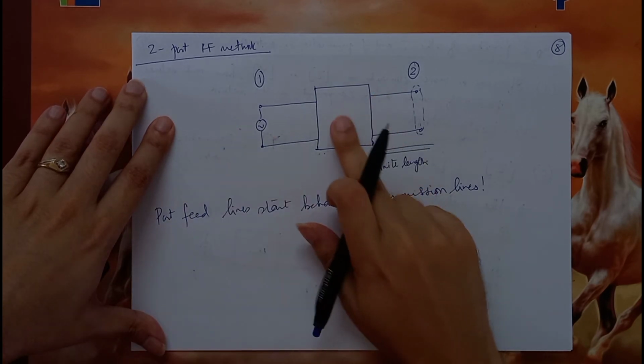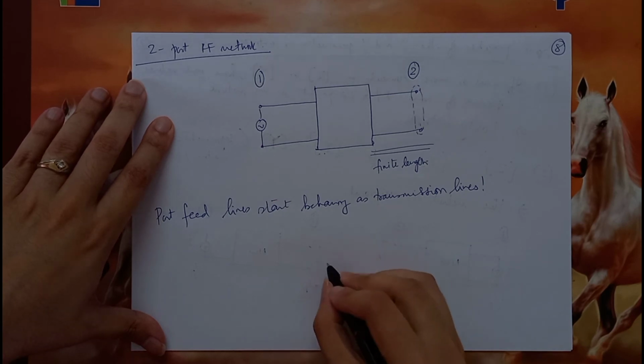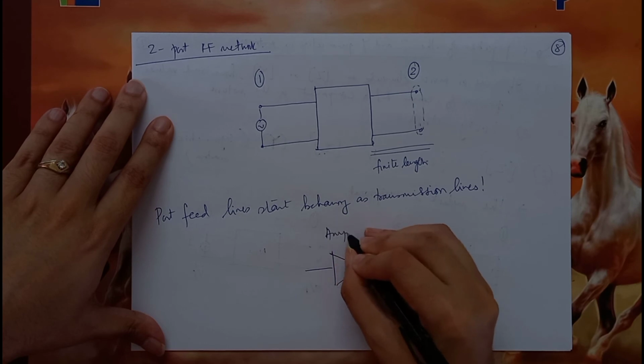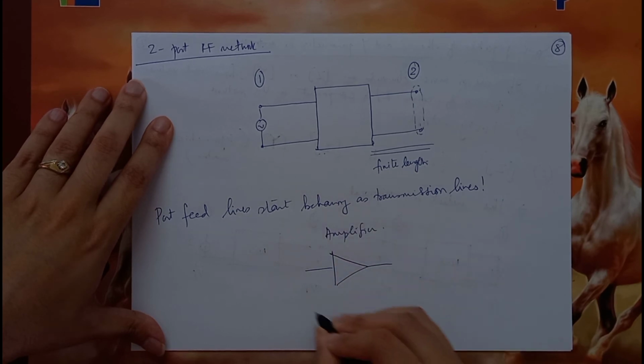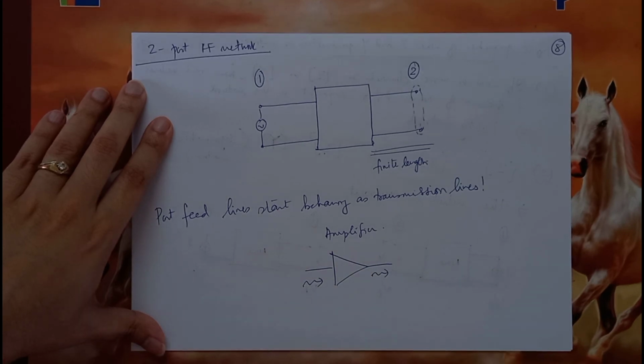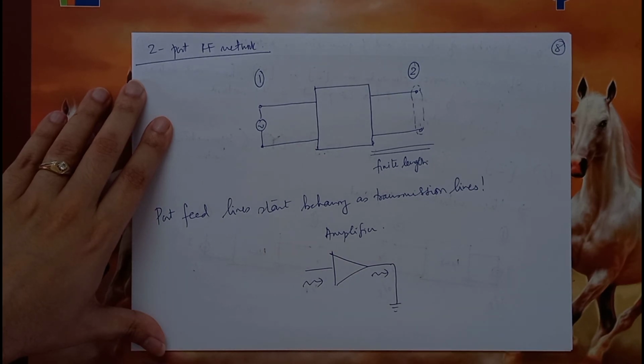The second problem is that you do not know what is inside that network. Suppose this network has an amplifier which is getting some input and giving some output. Now I want to measure its Y parameters and I conveniently make the output ground. What will happen? Whether it is an RF amplifier or a low frequency amplifier, the consequences could be disastrous.